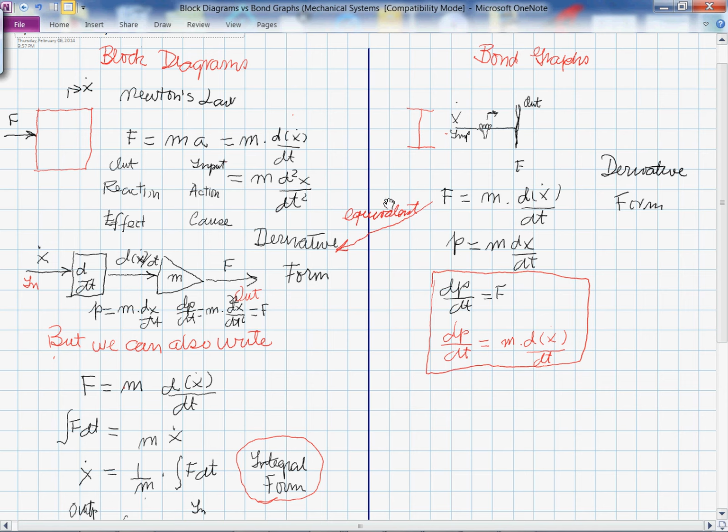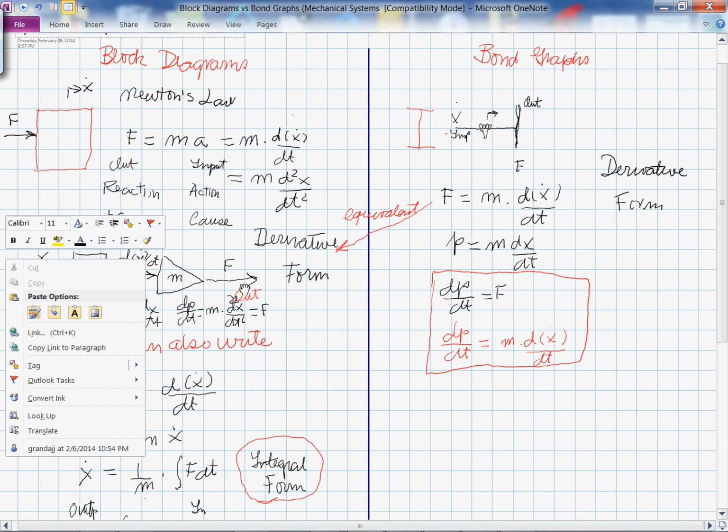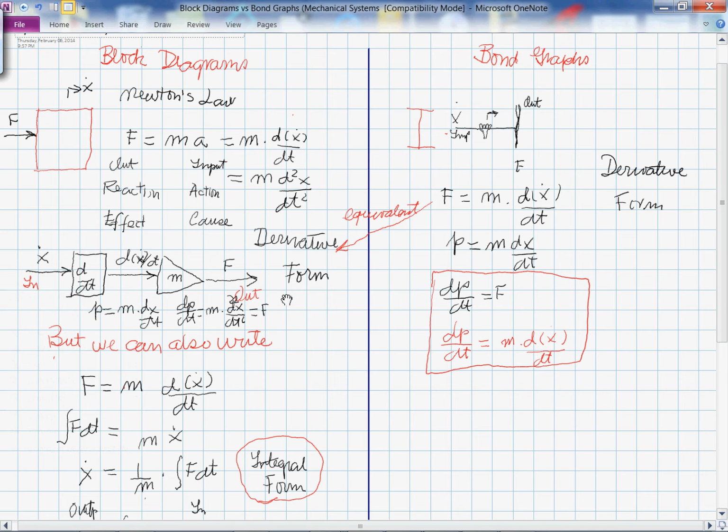This language, this example that you see here, would be understood by Simulink. Alright, this block diagram like that. And then that would be the way Simulink will read this example.